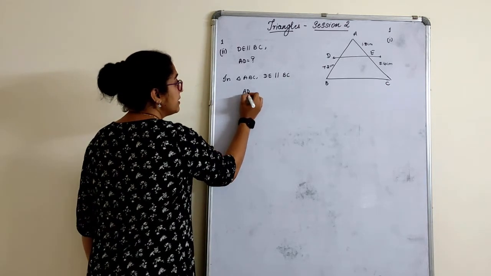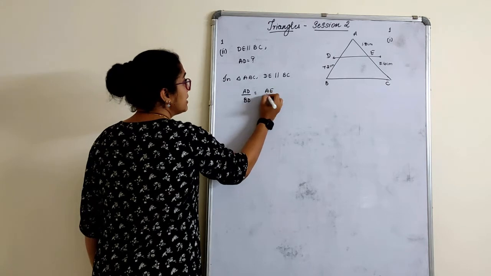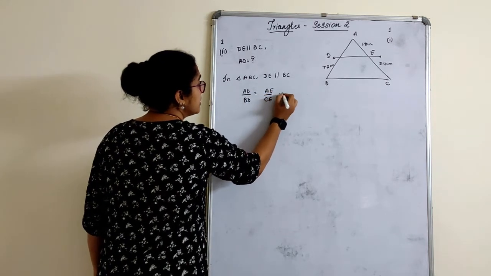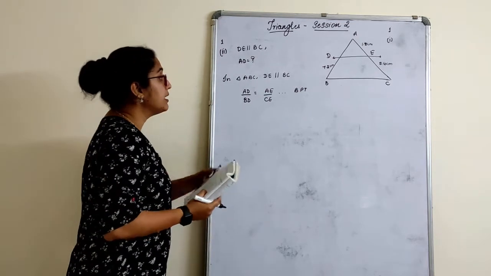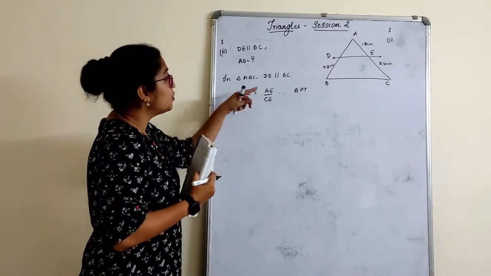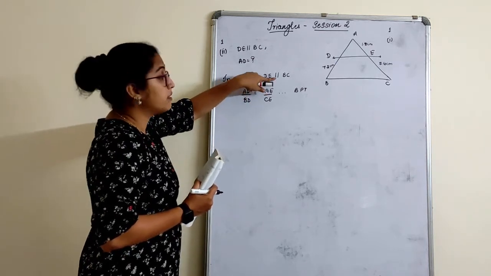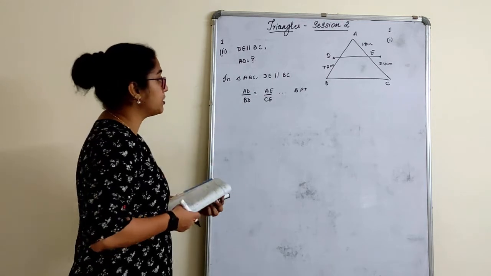We can write that AD upon BD is equal to AE upon CE. Reason, basic proportionality theorem. Remember that whenever you write this proportionality relation, you have to always mention what is parallel. Only after mentioning parallel can you write that they are proportional.